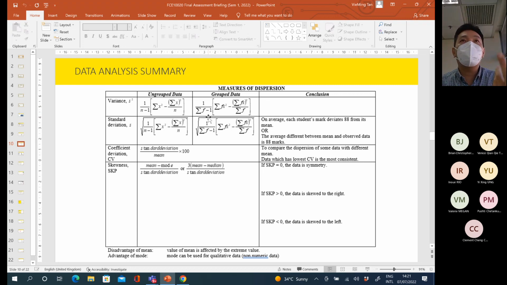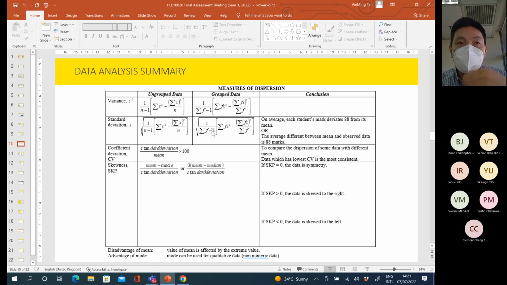Just like, if for your project, you collect 50 sample data to measure the height of students, we only collect 50 sample data instead of collecting 3,500 data from the whole population of students. So as a result, we use minus 1 when we calculate the variance or standard deviation. Here, you see, minus 1, because we assume the data that we have are sampling data.